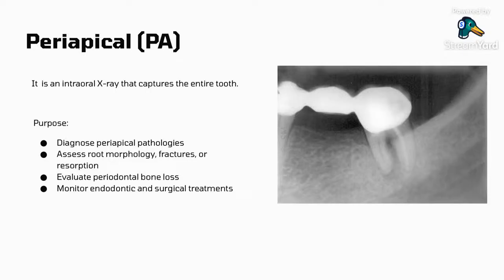The purpose is to diagnose periapical pathologies such as abscess or cyst, to assess root morphology, fractures or resorption, to evaluate periodontal bone loss, and to monitor endodontic and surgical treatments as well. You can see very clearly in this image what a periapical X-ray is. We will go further into detail, so I'm not going to stay here for long.